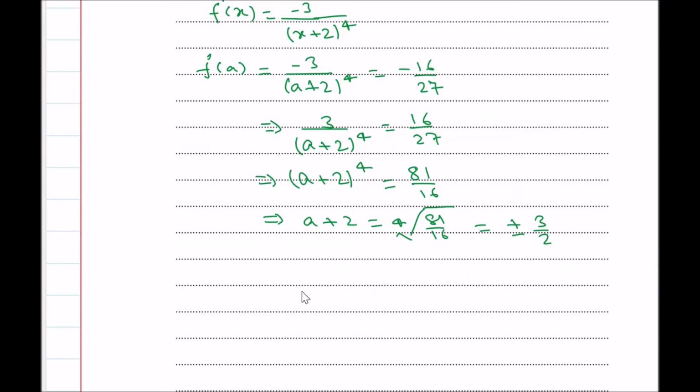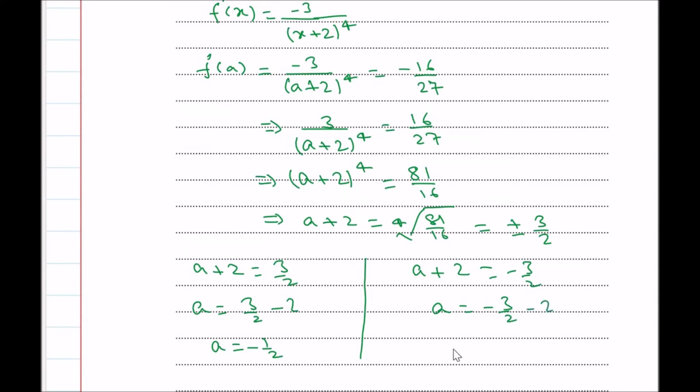Now we'll solve for a. So we'll write a plus 2 is equal to 3 by 2, and a plus 2 equal to minus 3 by 2. So a equal to 3 by 2 minus 2. So a equal to minus half. And here a equal to minus 3 by 2 minus 2.